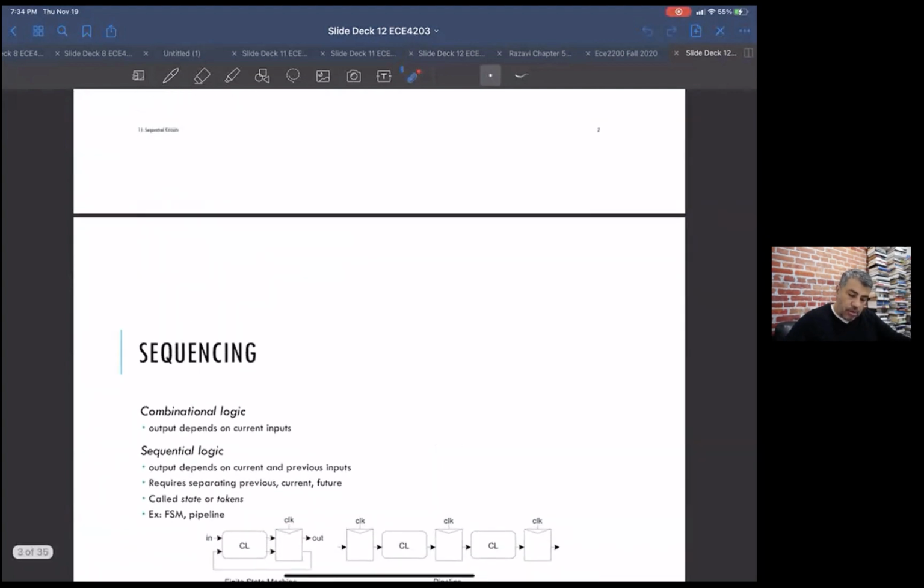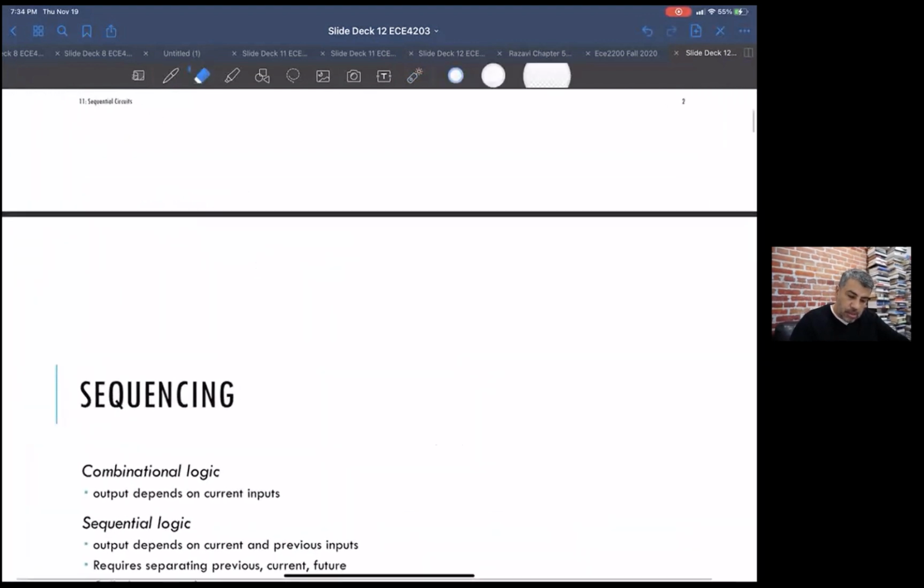So far, we've been talking about combinational circuits, like inverters, NAND gates, NOR gates.